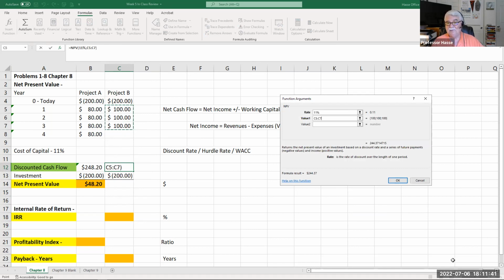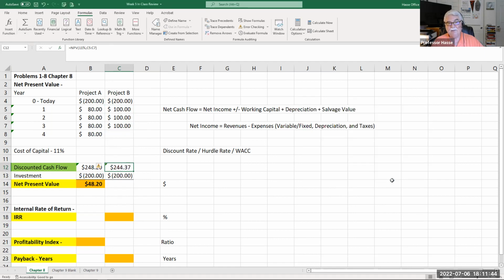What is it worth today? $244.37. The difference? $44.37. So based on this analysis, Project A is the project you would want. It's making more money. Not much more money, but if you put this in millions of dollars, that's quite a chunk of change.